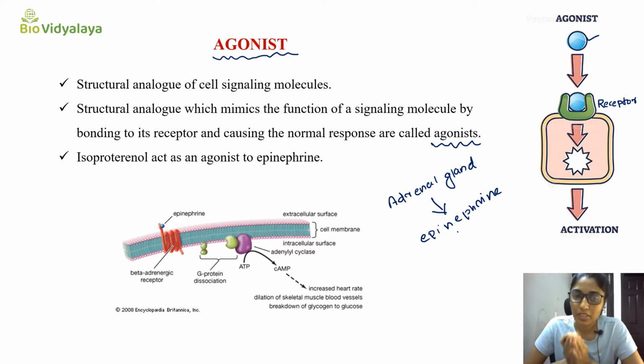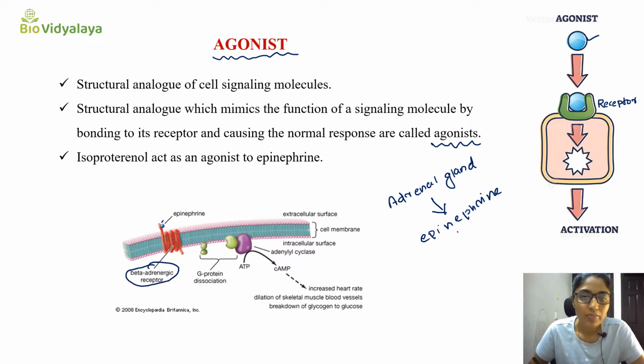When we become nervous, the adrenal gland will produce epinephrine and this epinephrine will bind to its receptor. In this picture, the blue one is epinephrine binding to its receptor, the beta adrenergic receptor.